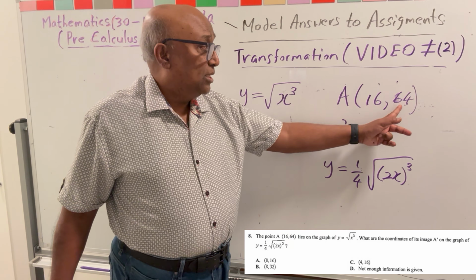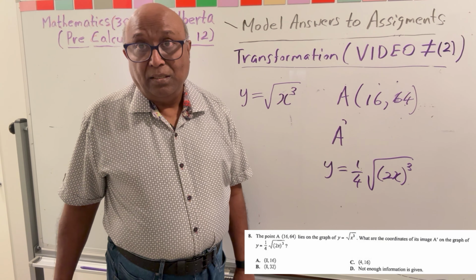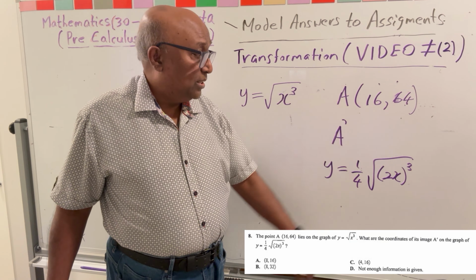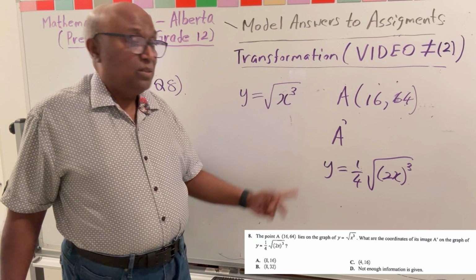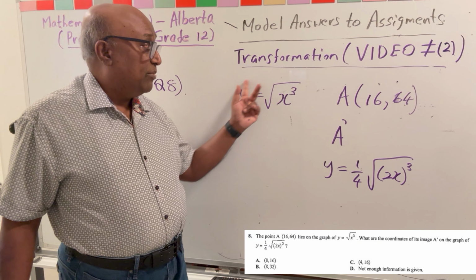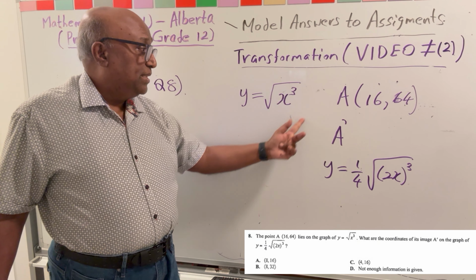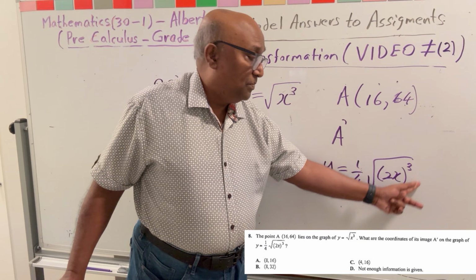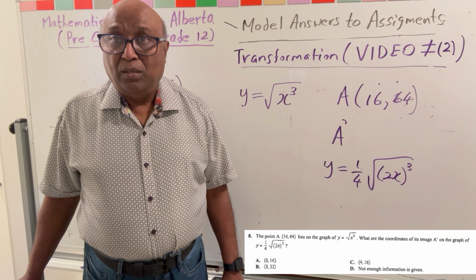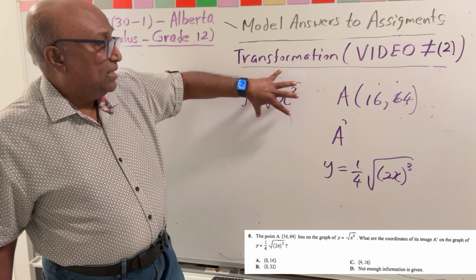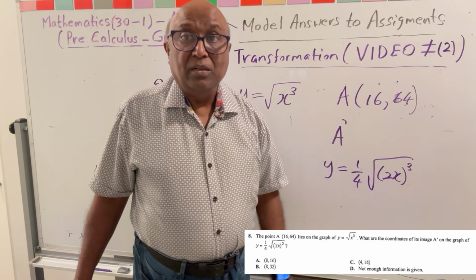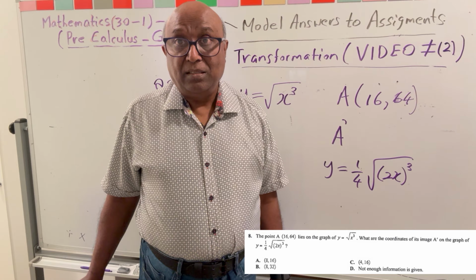Now, in order to finalize the answer to the question, we have to carefully examine this original function and the image function. When we compare the original function and the image function, what are the similarities?